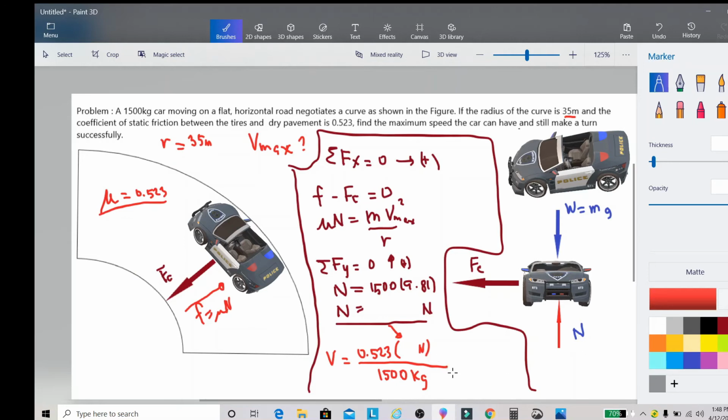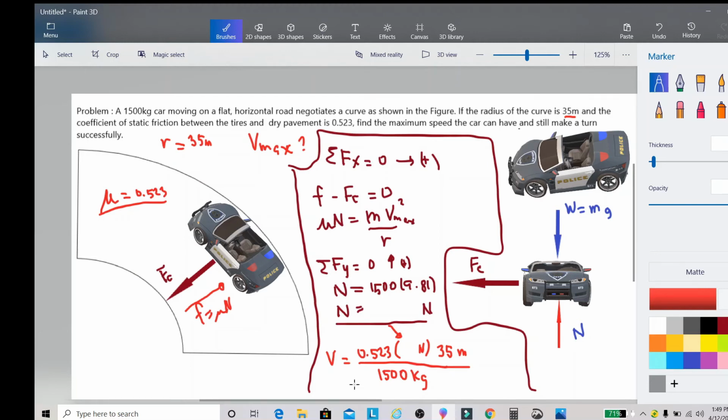And then what happens to that equation? We still have to multiply that by r, which is 35 meters. Now newton will be kilogram meter per second squared.